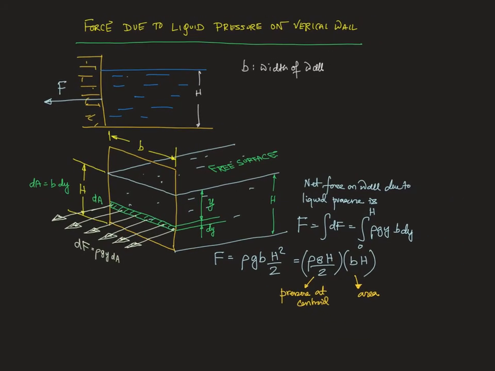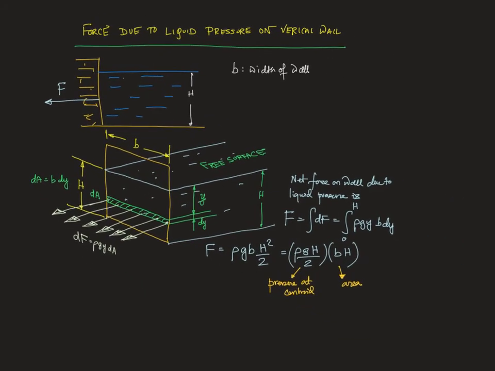So this is a general formula I have written: pressure at the centroid into area. What is the centroid? By centroid I mean the centroid of the wetted area.